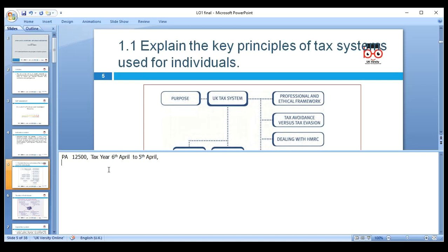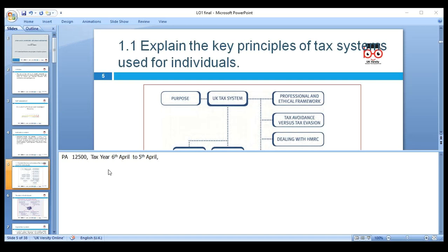Is it 32? 32,500. I think it was 40,000, but I don't remember exactly. No, I'm talking about the dividend. Sorry, the main bracket was 40,000. Up to 40,000. Okay, no worries.